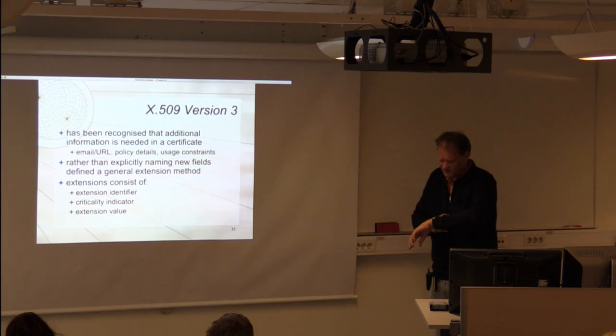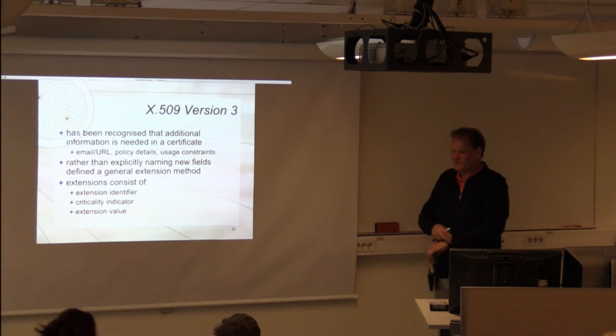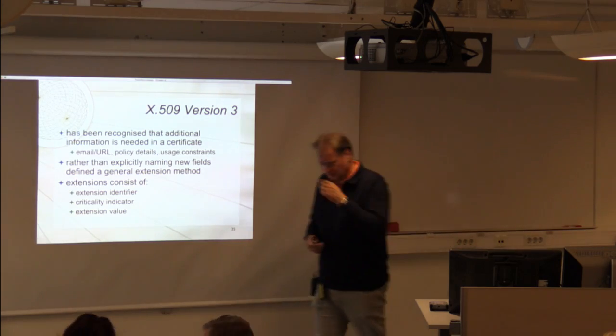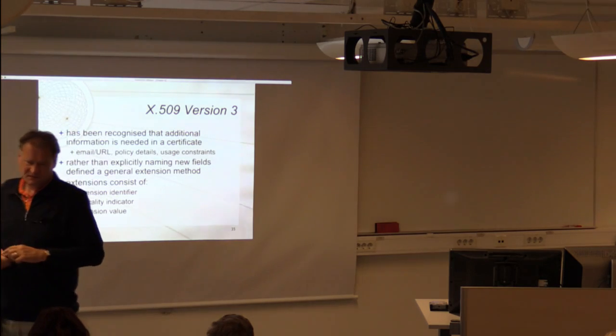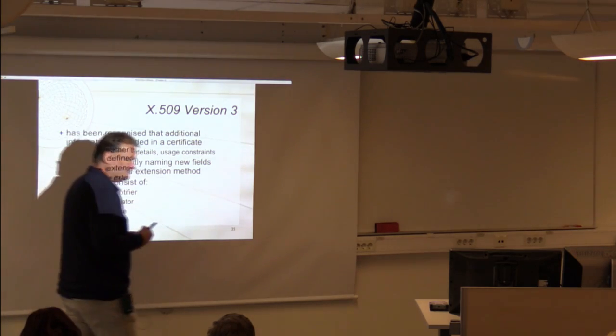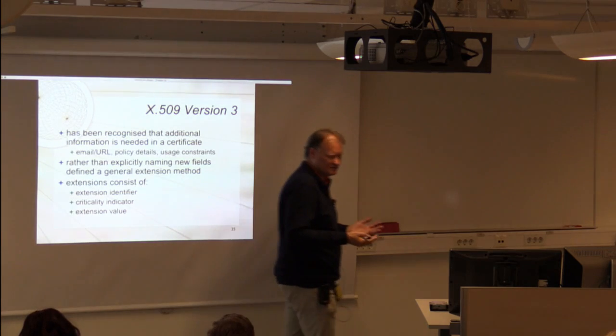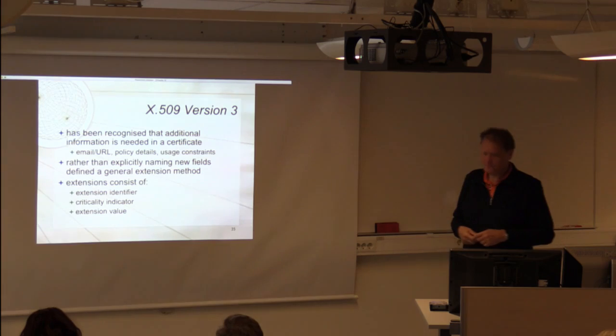Version 3, as I said, the last version. After version 2, there came up a number of different ideas on how to extend the protocol or the standard. And they realized that we couldn't make a new version every time. It will be too hard to handle. So instead, they made version 3 to be flexible, so you can add different things depending on your needs.